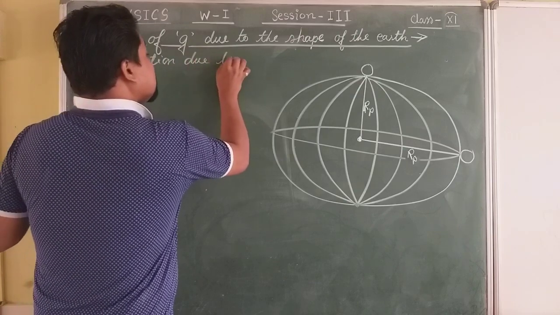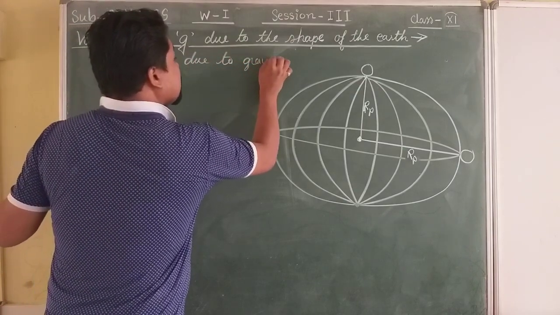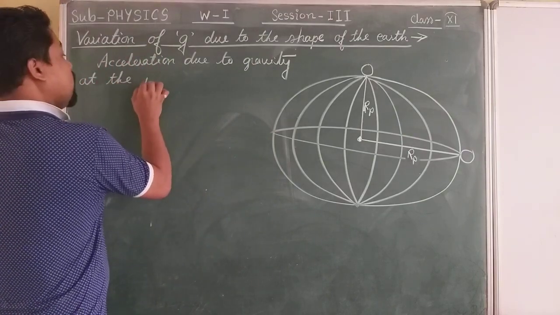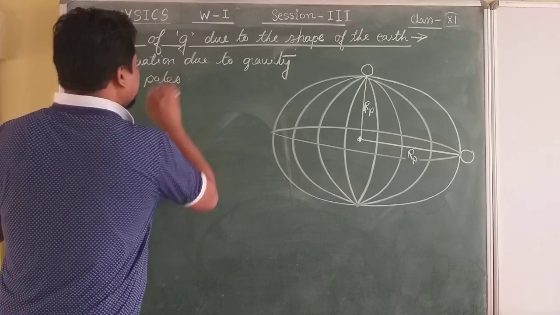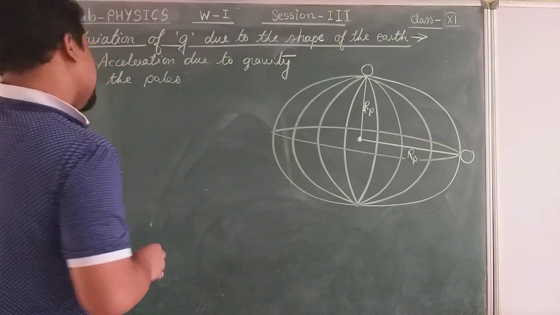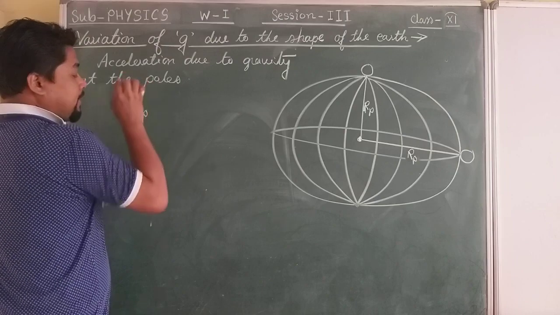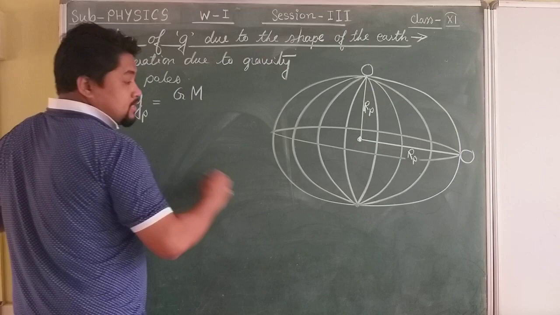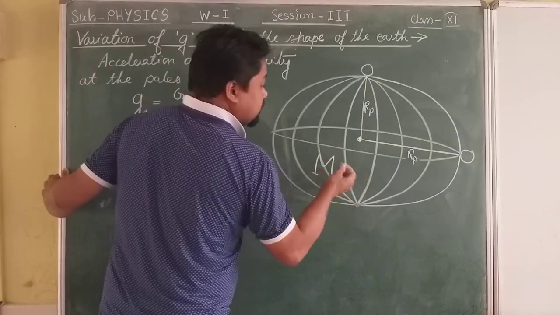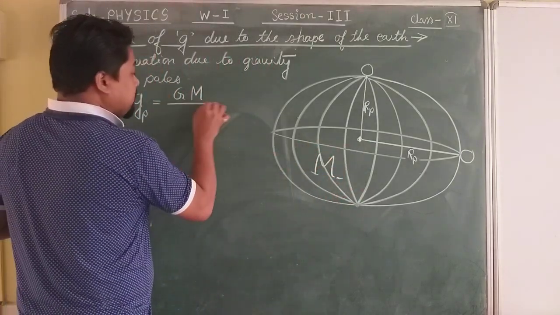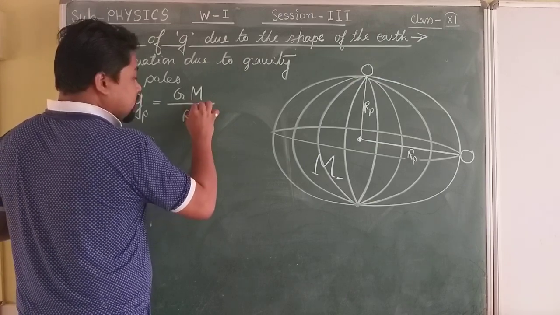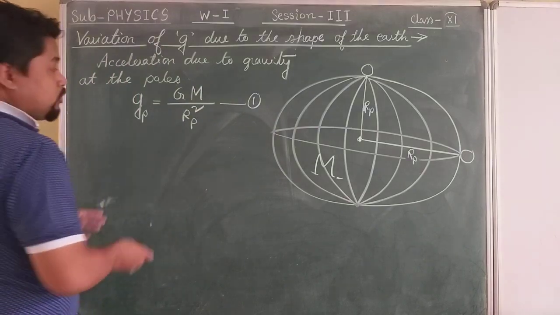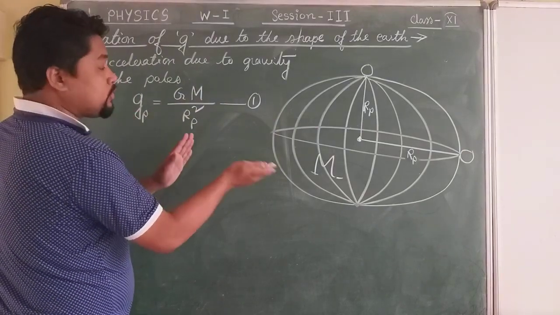Acceleration due to gravity at the poles. The expression will be g suffix p, gp, is equal to capital G, capital M, where capital M is the mass of the earth, divided by r suffix p square. Equation number 1. So polar acceleration due to gravity we consider as gp, and the polar radius is rp.